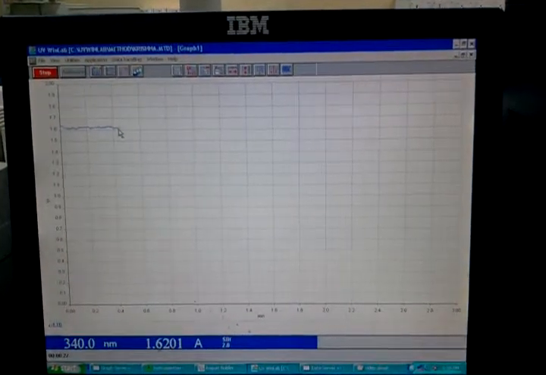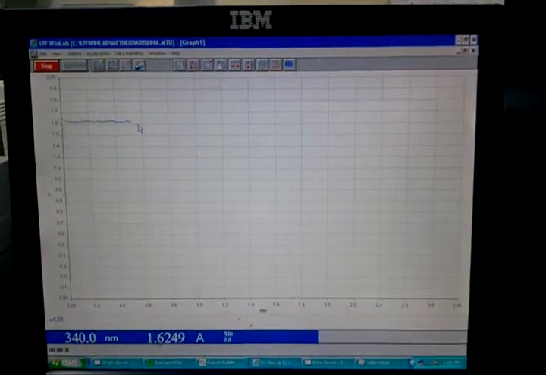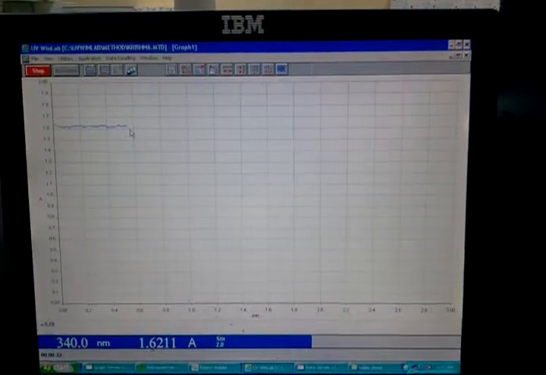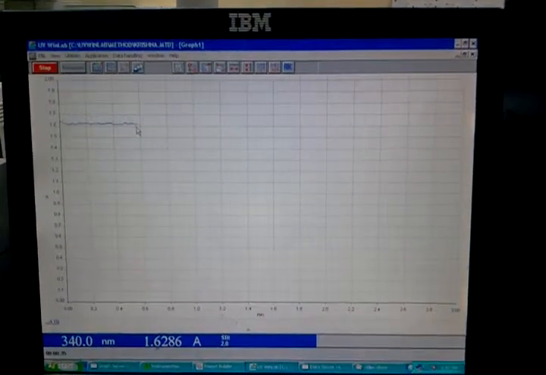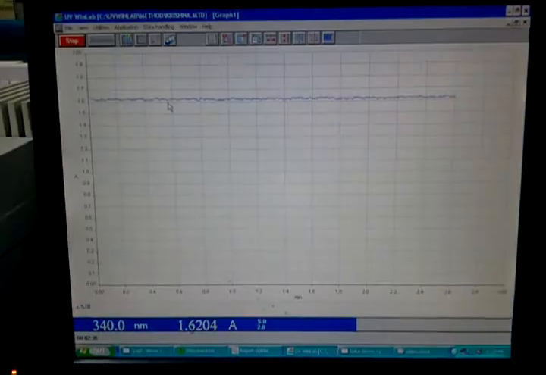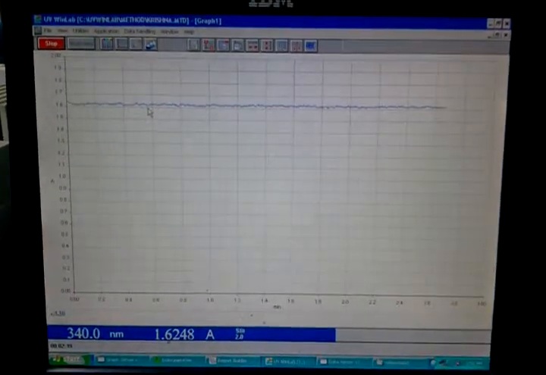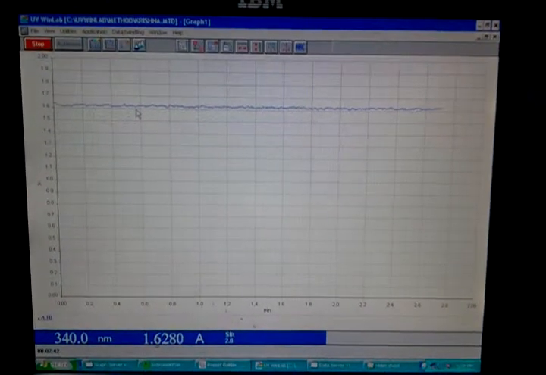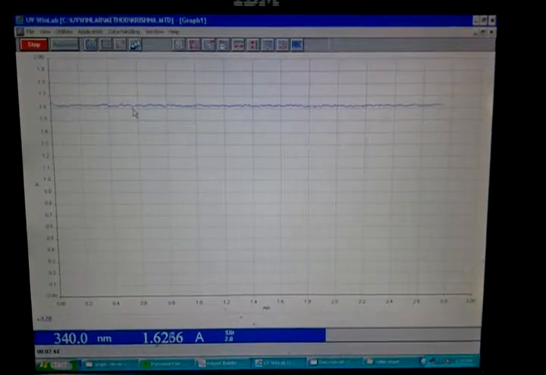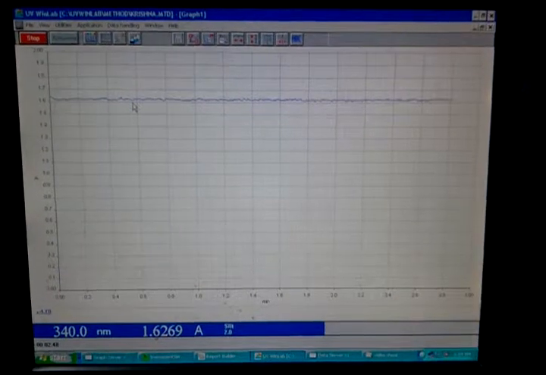So we will wait for 3 minutes. See over here that there is still no activity for about 3 minutes. So after this I am going to add hydrogen peroxide, and then let us see the activity of glutathione peroxidase nanozyme.